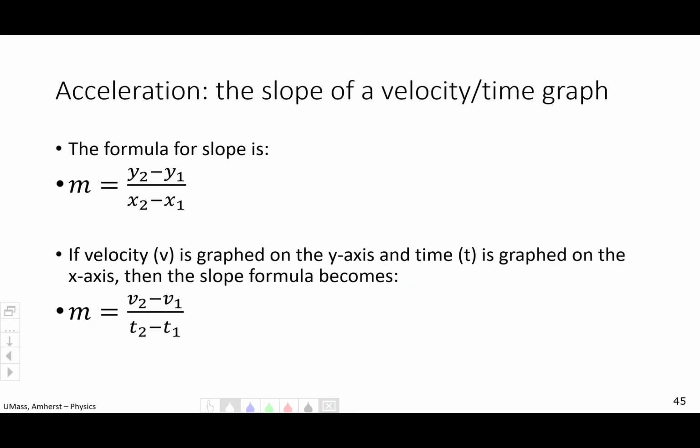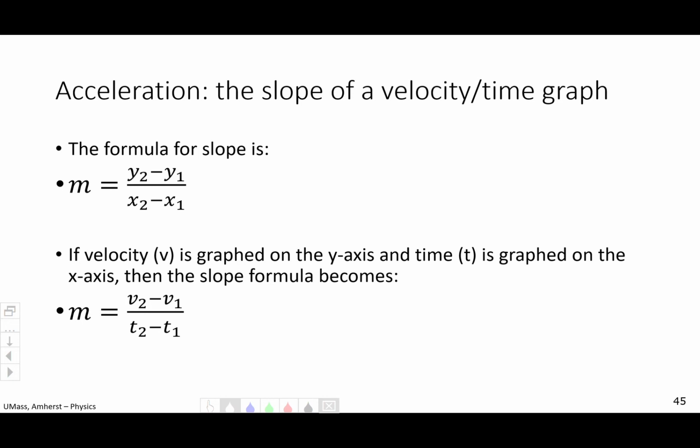The next type of graph that we might see is a velocity versus time graph, in which velocity is graphed on the y-axis and time is graphed on the x-axis. Again, the formula for the slope of a graph is y2 minus y1 over x2 minus x1.